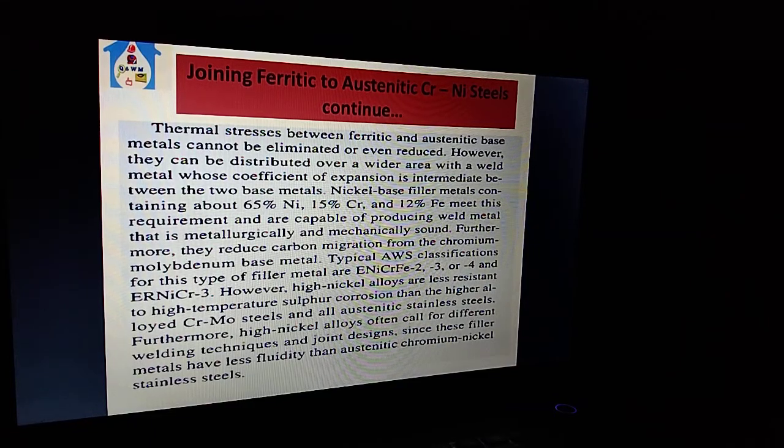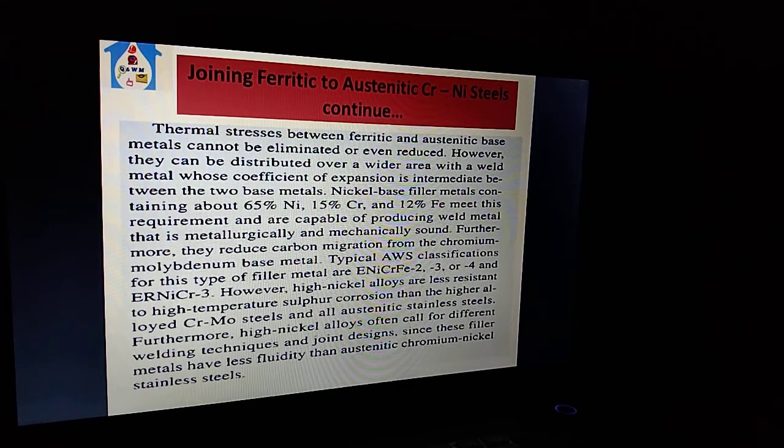Typical AWS classifications for this type of filler metal are ENiCrFe-2, 3 or 4, and ERNiCr-3. However, nickel alloys are less resistant to high temperature sulfur corrosion than the higher alloyed chromium-molybdenum steel and all austenitic stainless steel.